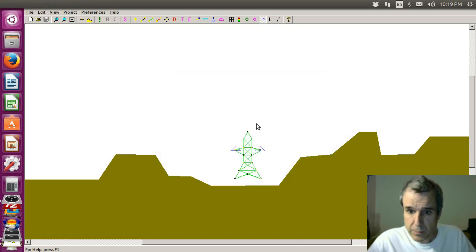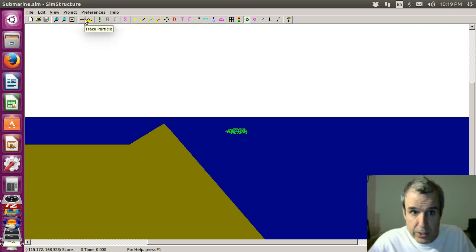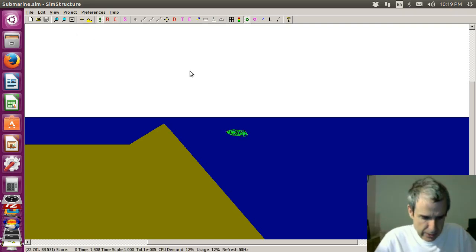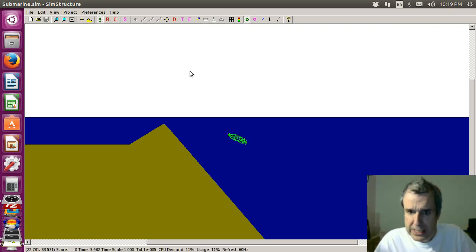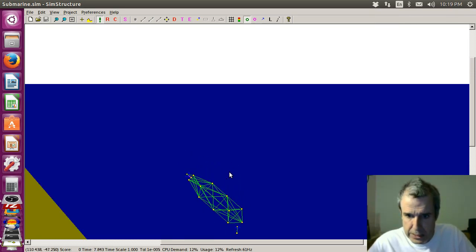Submarine. How old is this person? Age 13. Nathan, age 13, made this. Let's zoom in. Oh, it has a torpedo.